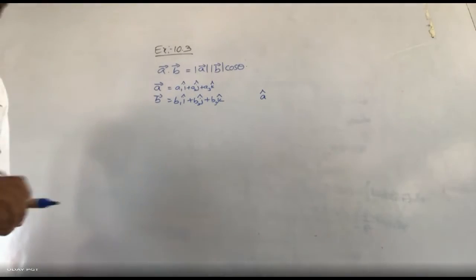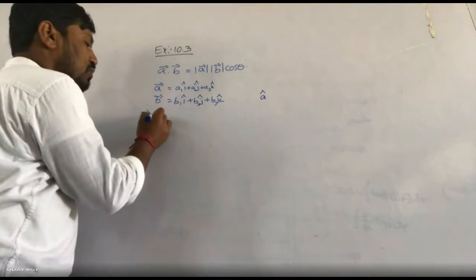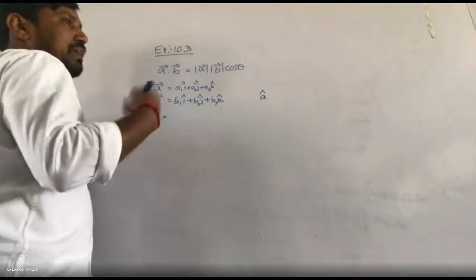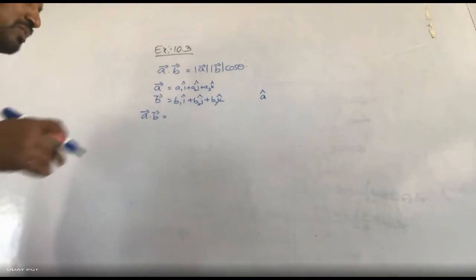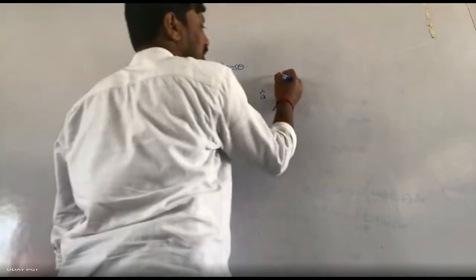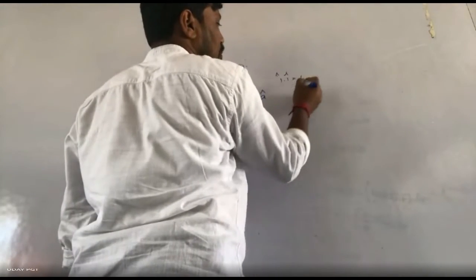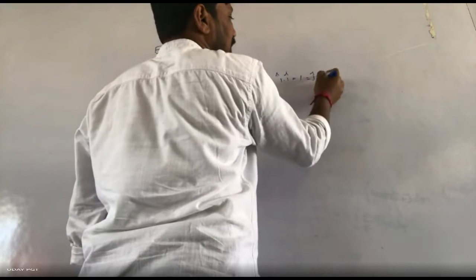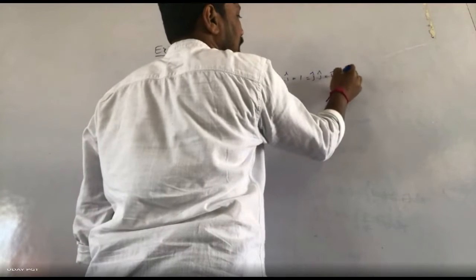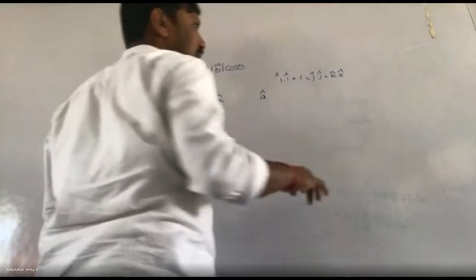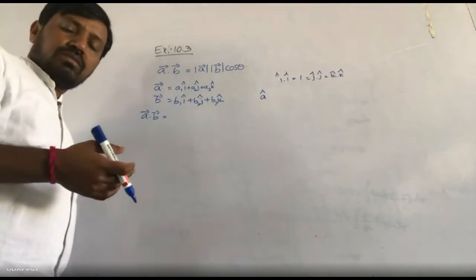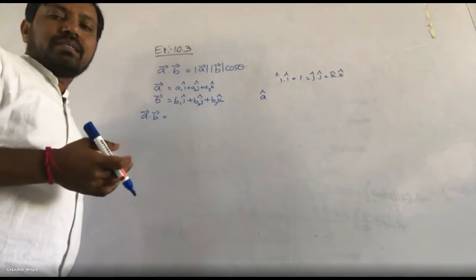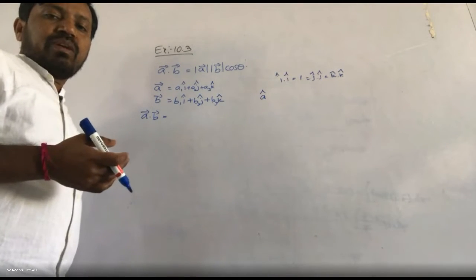And if you want to find the dot product of these two vectors, then it is already given that the dot product of the unit vectors i dot i equals 1, which equals j dot j, which equals k dot k. And the dot product of any unit vector with a different coordinate axis unit vector is equal to 0.